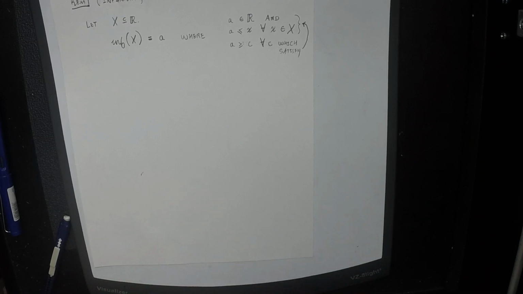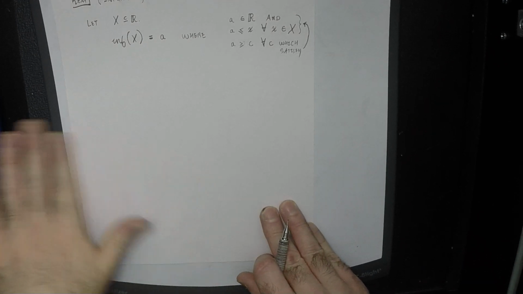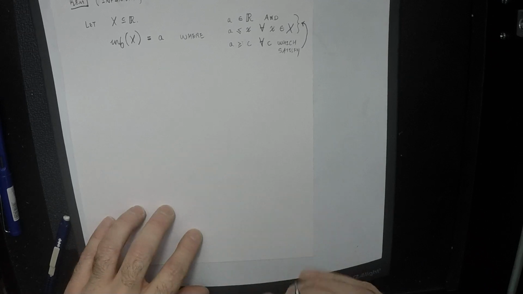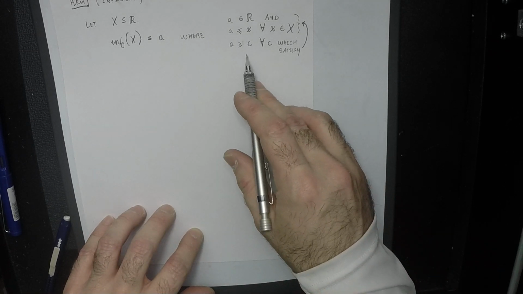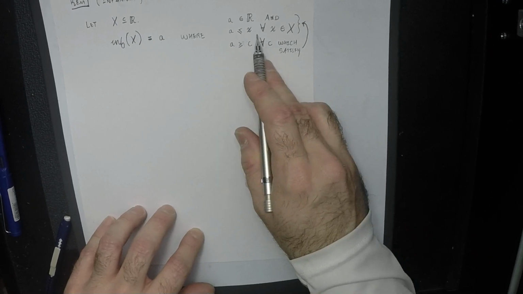So A is greater than or equal to all possibilities. Would you have to clarify that C needs to be underneath the set? Well, that's what this means.